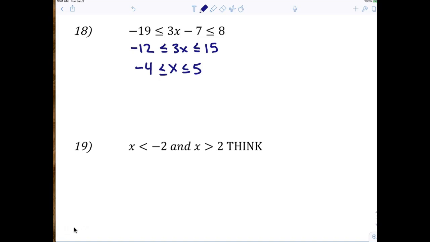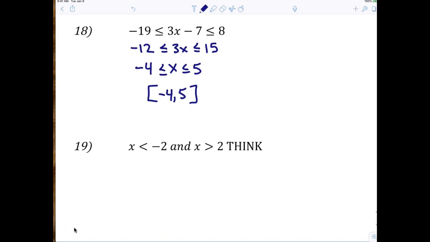So there you have it. We just have what? Right, x is between -4 and 5. Connor, you doing all right? Anybody have any questions so far?